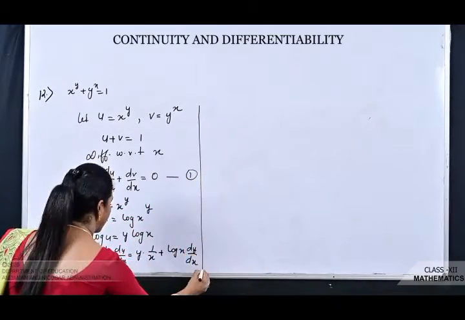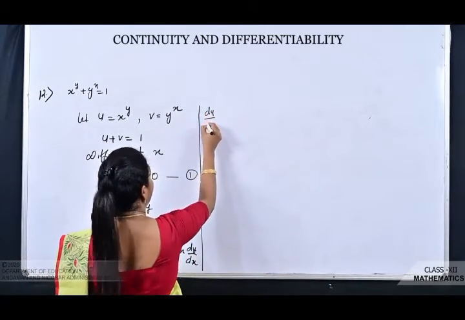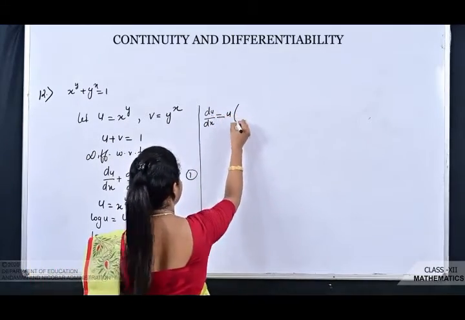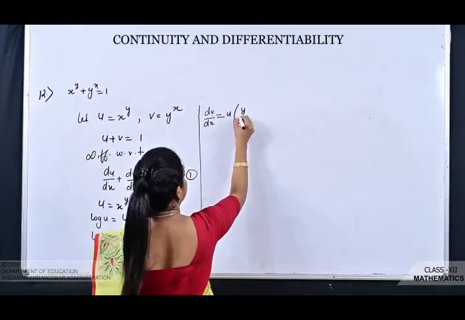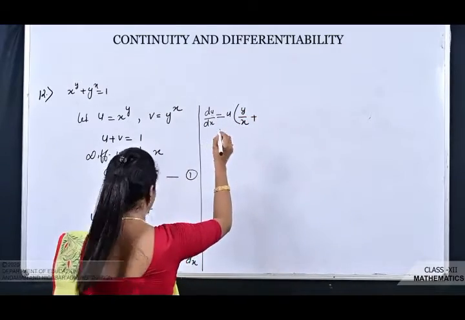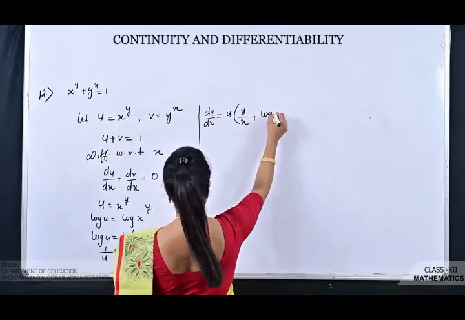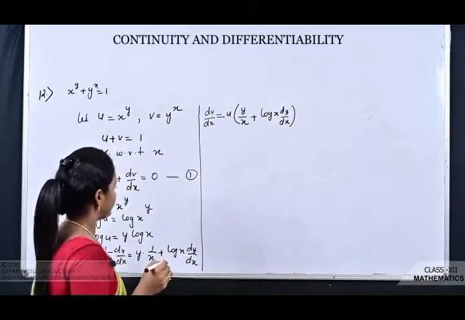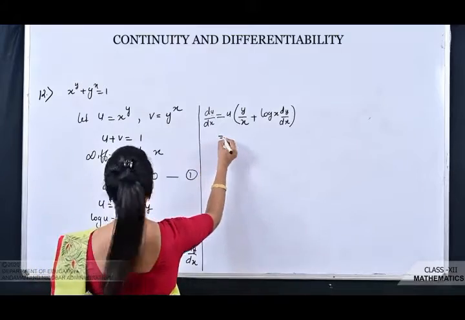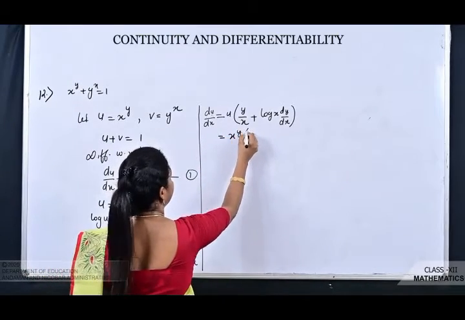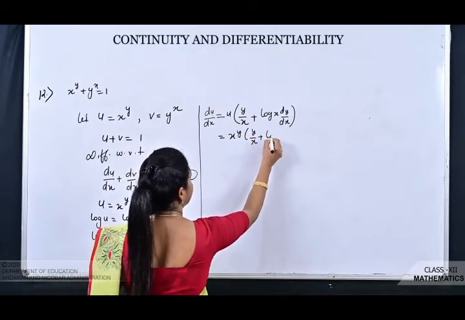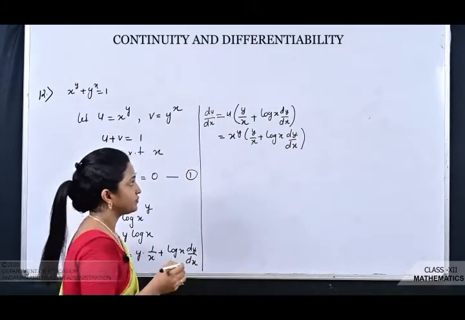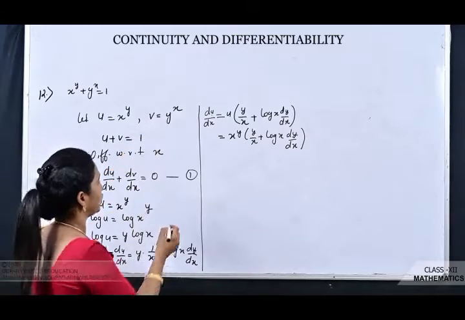So finally du by dx is equal to, you will take u to the other side and rest you will write down as it is, y by x plus log x dy by dx. Clear? Now you will replace u by x to the power y, y by x plus log x dy by dx.